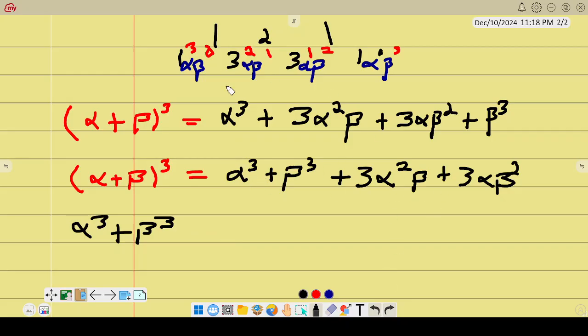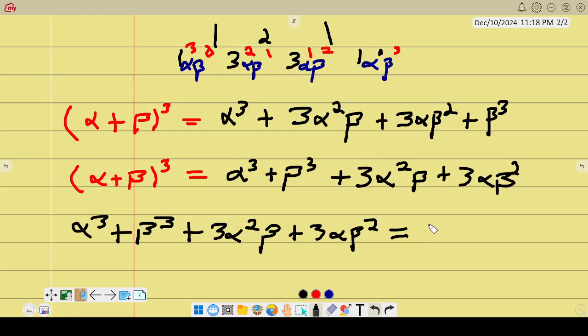Okay, so we want to rewrite it nicely. So let's rewrite plus 3 alpha squared beta plus 3 alpha beta squared.